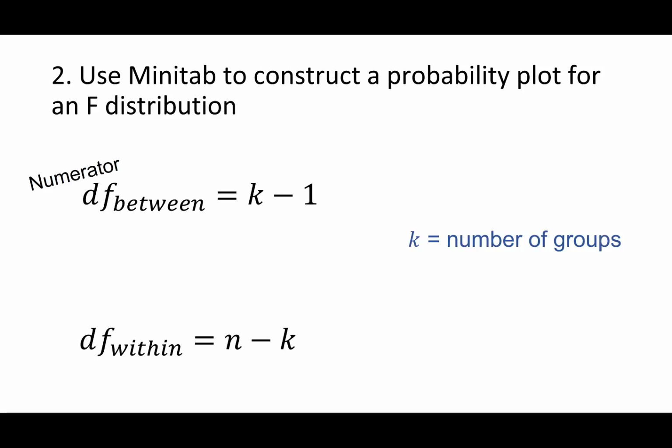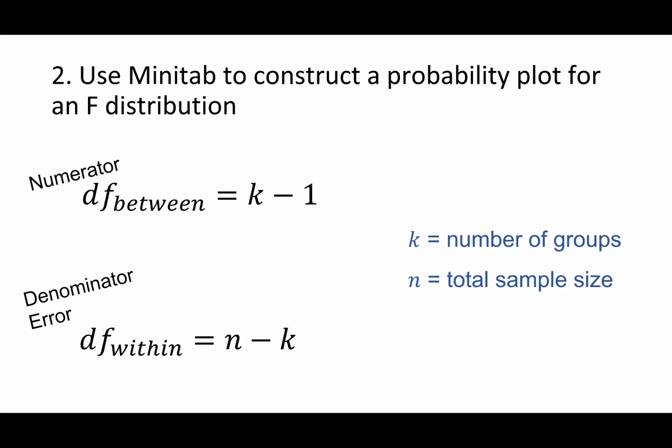Degrees of freedom within groups is equal to n minus k, where n is the total sample size and k is the number of groups. Minitab Express will call this the denominator degrees of freedom. Degrees of freedom error is also used. In order to construct an F distribution, you need both of these degrees of freedom.